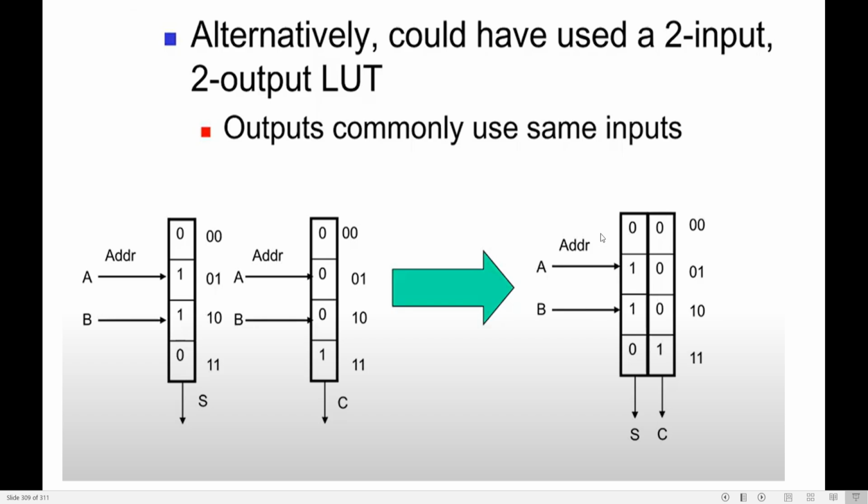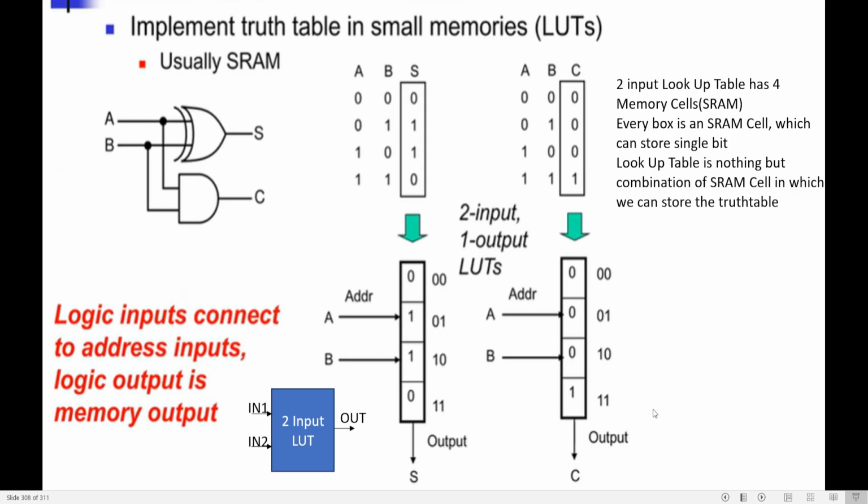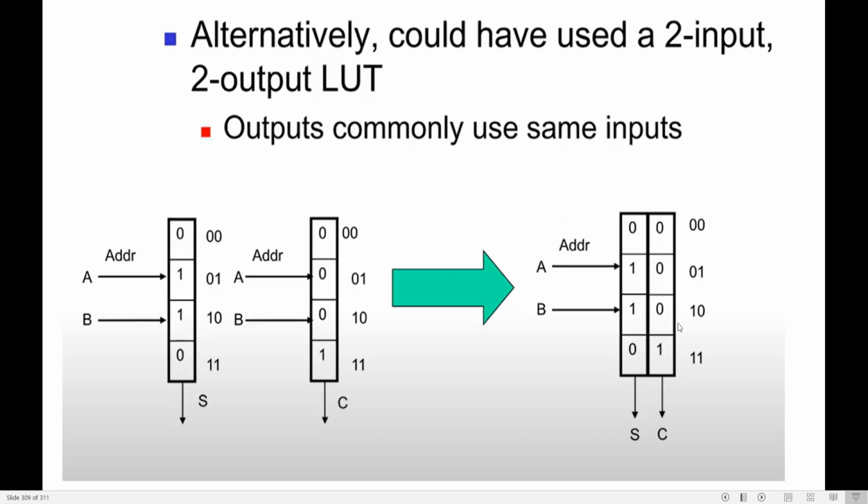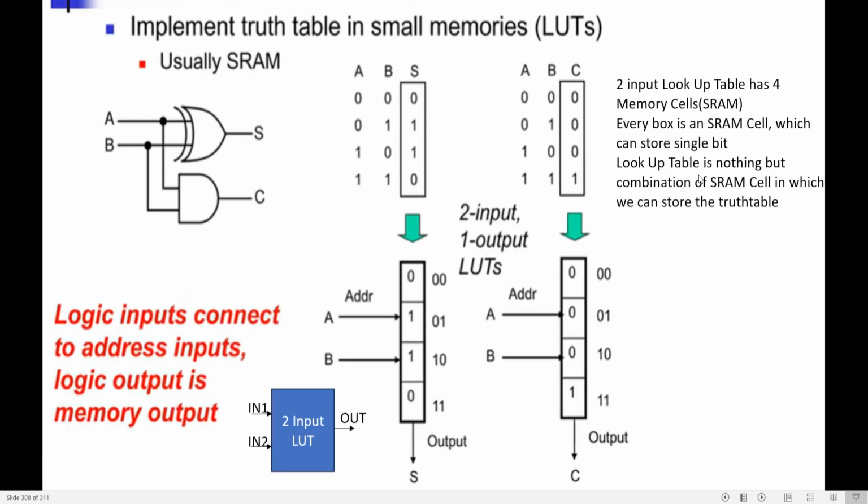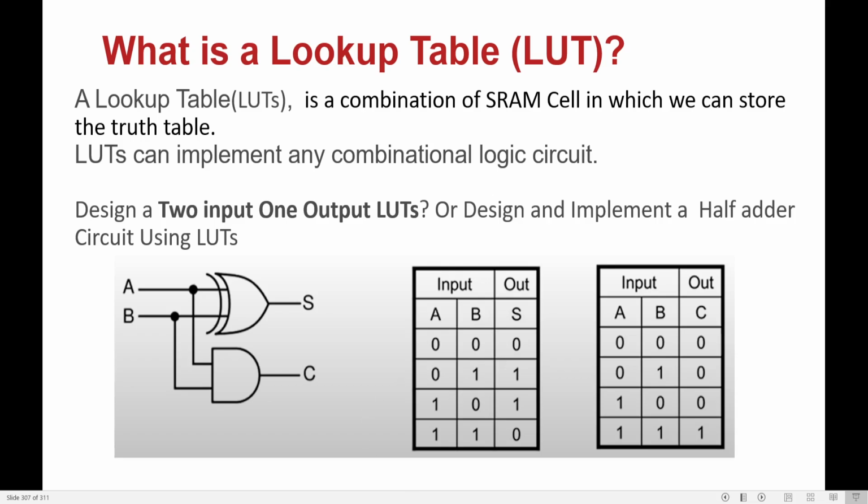So this is an example of a 2 input, 2 output LUT. Mostly we use this kind of LUT, where if we have a similar address, we can go for this kind of setup. So what is a lookup table? In short, a lookup table is nothing but a combination of static RAM cells which is used to store what? The truth table. Thank you. This is about the lookup table.